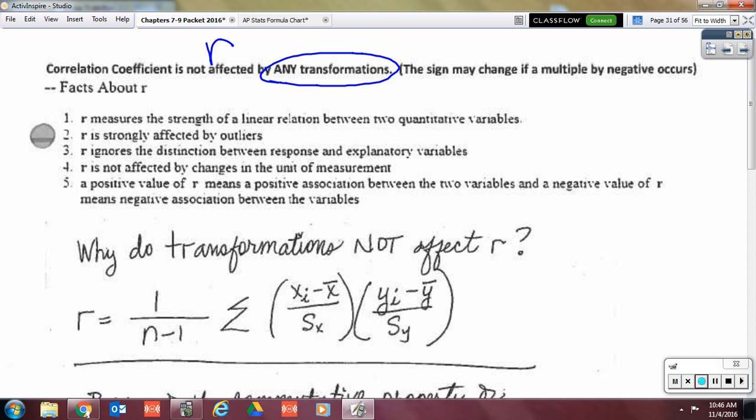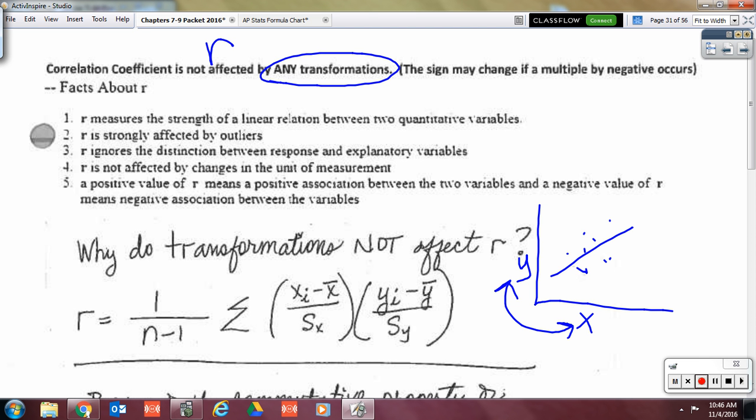You know, R measures that strength of linearity. So if you take this information and then you kind of stretch it out, if you proportionately multiply it by things, it does not affect the R value. So multiplication does not affect correlation. In fact, you could even switch the X and the Y axis and the R value would not change.